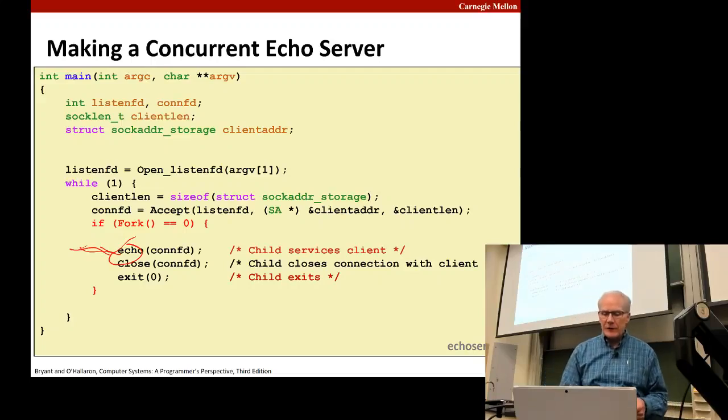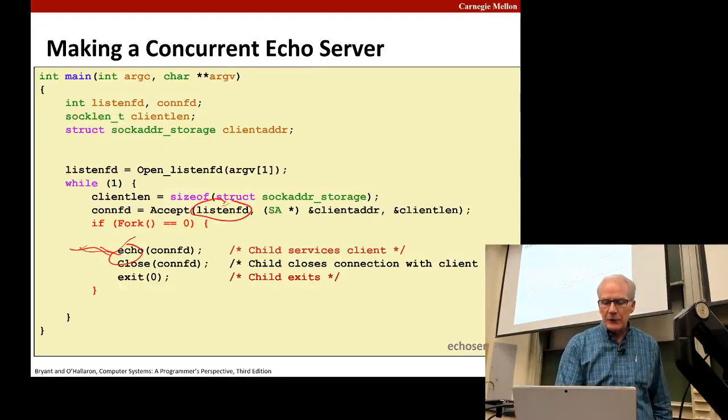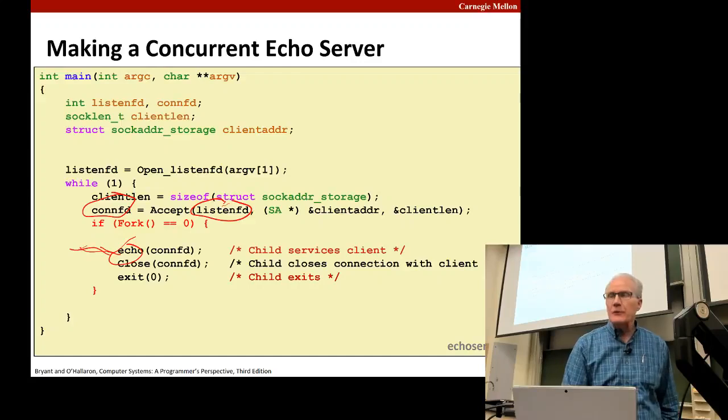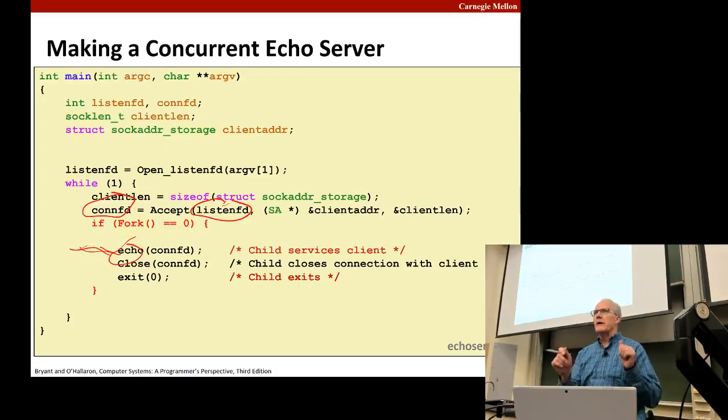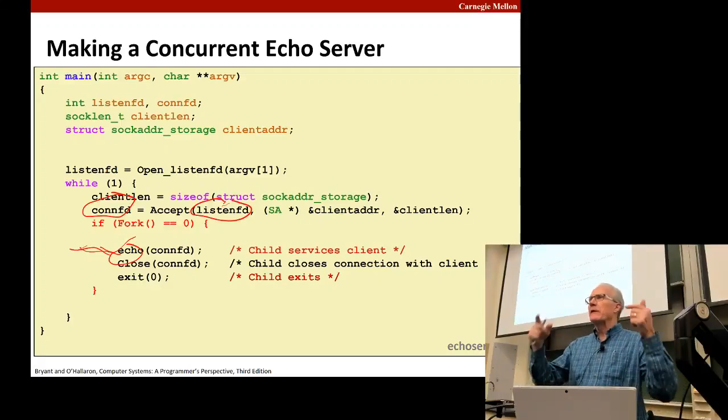And this actually makes use of a feature of accept, that it lets you deal with different file descriptors, essentially different ways of connecting. So the listen file descriptor is the file descriptor that's accepting new connection requests.